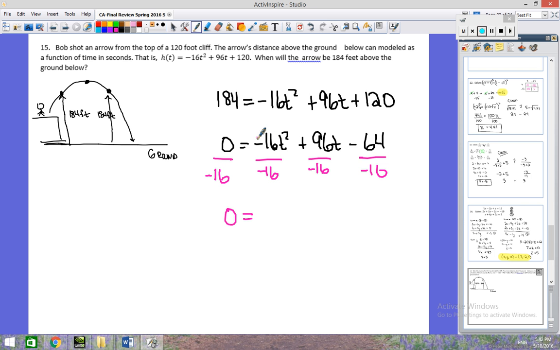Here, the negative divided by negative is just 1, so I have t squared. 96 divided by a negative 16 is a minus 6t. And a negative 64 divided by a negative 16 is 4. Okay, so it doesn't appear to me that I can factor that. I'm going to have to use the quadratic formula.